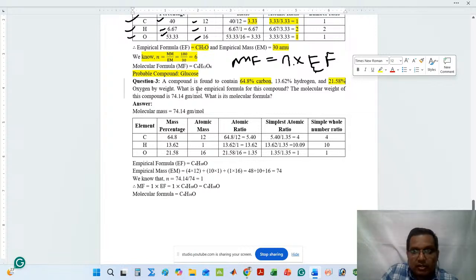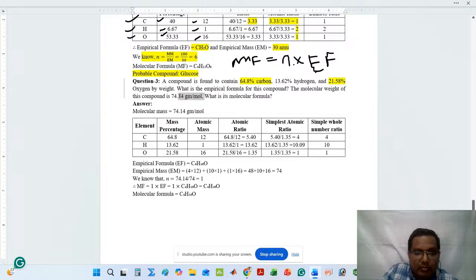These are all by weight. What is the empirical formula of this compound? The molecular weight of the compound is 74.14 gram per mole. What is the molecular formula?